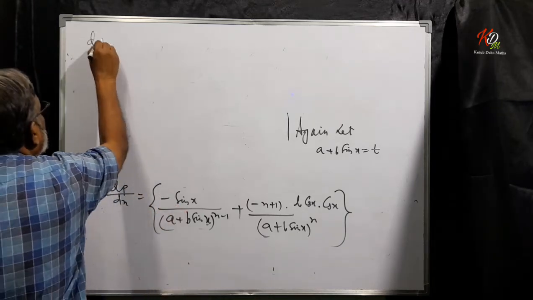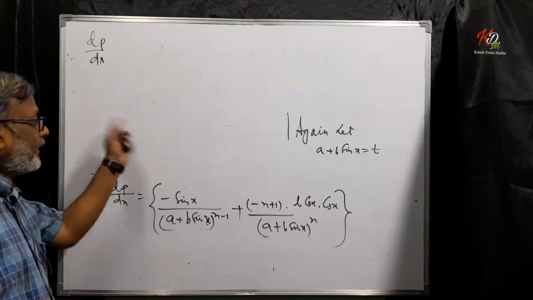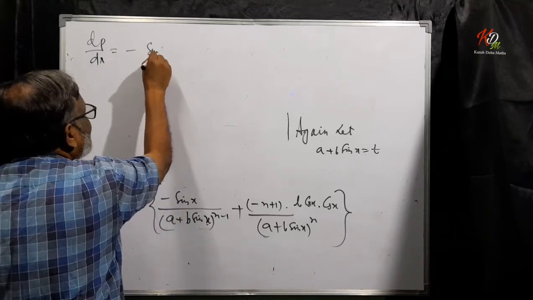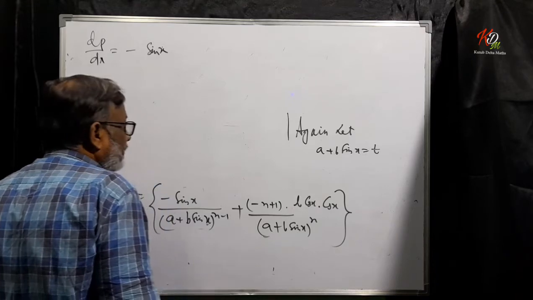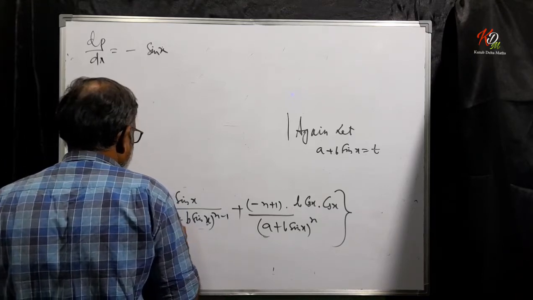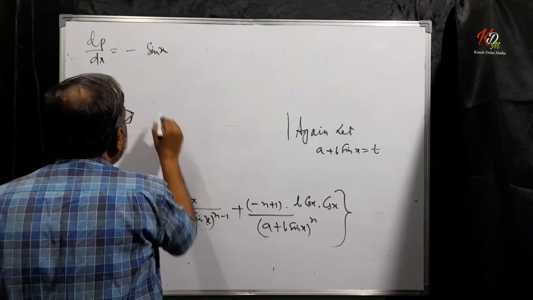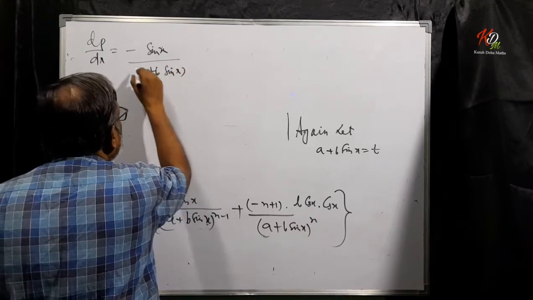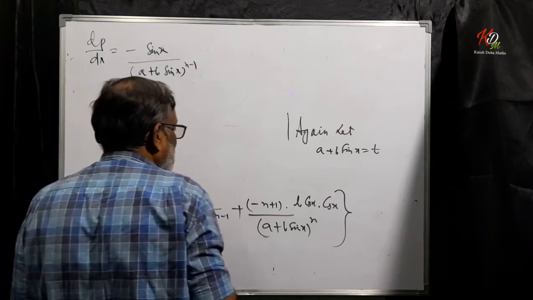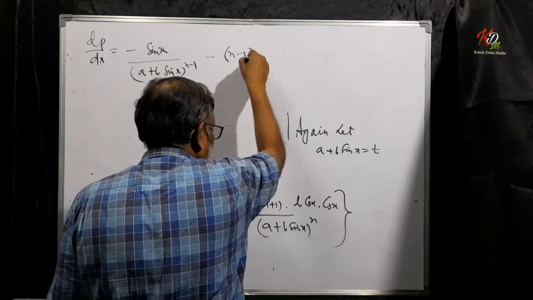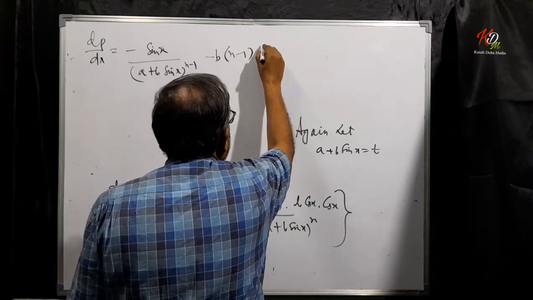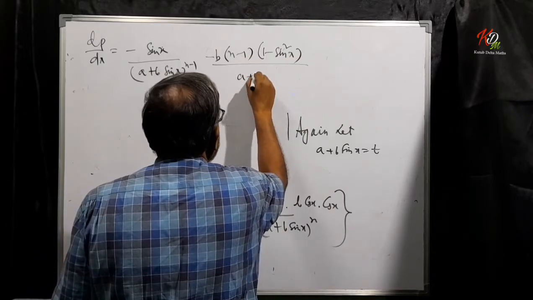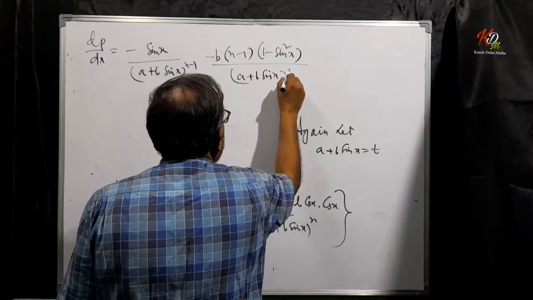Now dp dx equals minus sin x by a plus b sin x to the power n minus 1, minus n minus 1 b cos square x, that means 1 minus sin square x, by a plus b sin x whole to the power n.